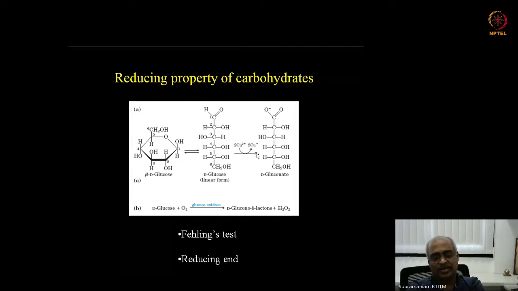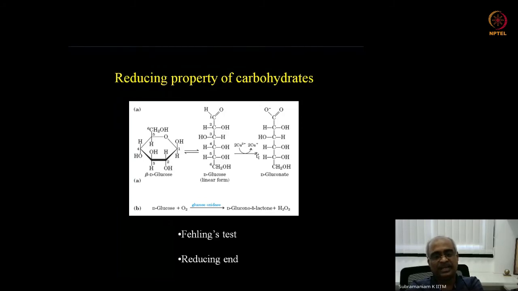So you may not have seen anyone doing this, but when I was a kid in school age, most of the grandparents, when they were diabetic and they were asked to do the glucose measurement in their urine at home itself, they will do this test.